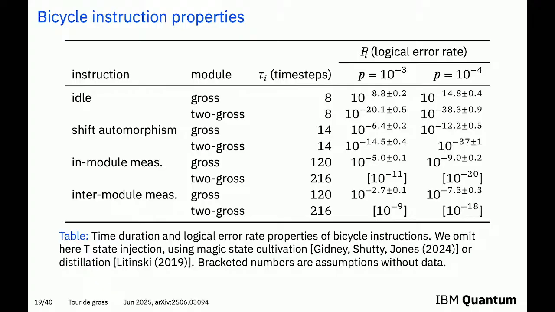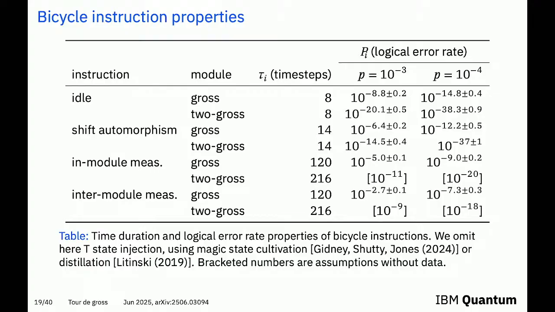And when we actually want to perform computation, we need to do these shift automorphisms, measurements, or even intermodule measurements. And you can notice that the error rates for these operations get much worse, right? Especially if we consider intermodule measurements, because these operations require much larger systems to be involved, many more qubits, much more moving parts. So we definitely want to improve the error rates for these very expensive operations, because we think that improving those numbers will push the capabilities of these devices significantly higher.